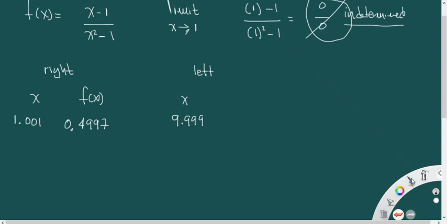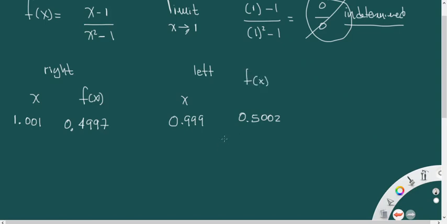Let me change this to 0, because it has to be 0. If we change that to 0, then we have the number 0.5002. Okay, this is the value of the function of x.